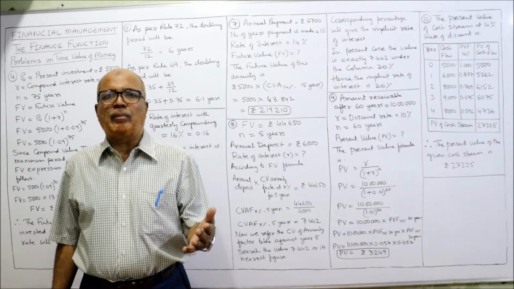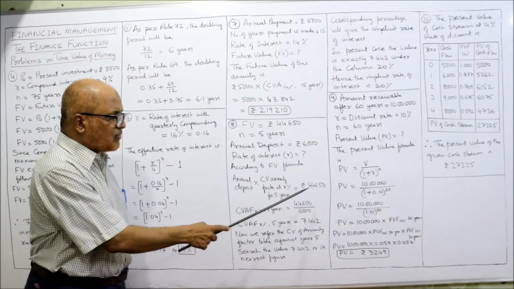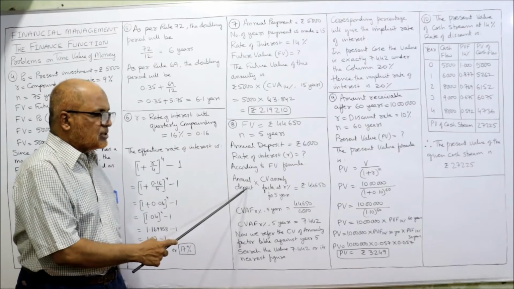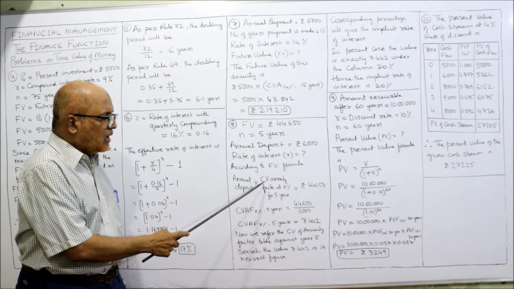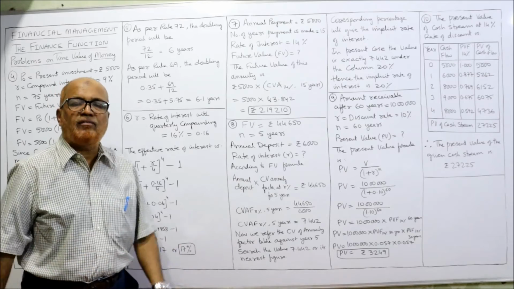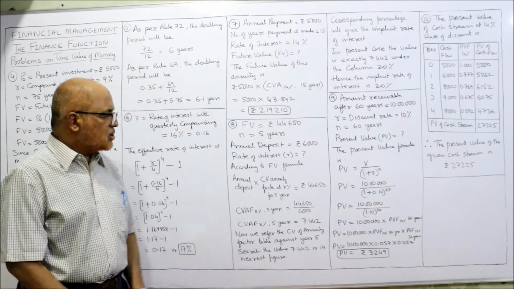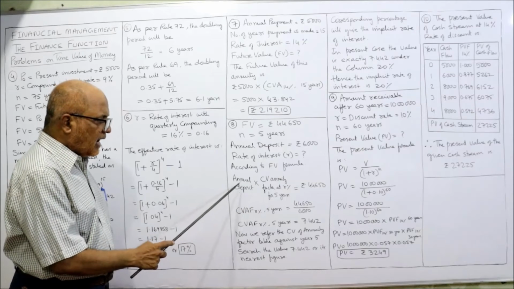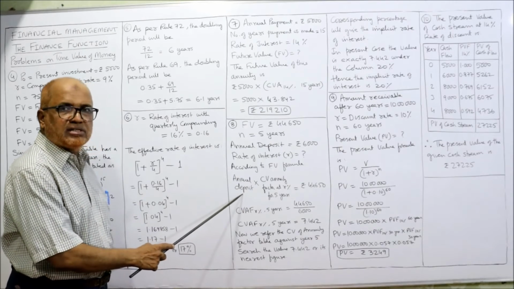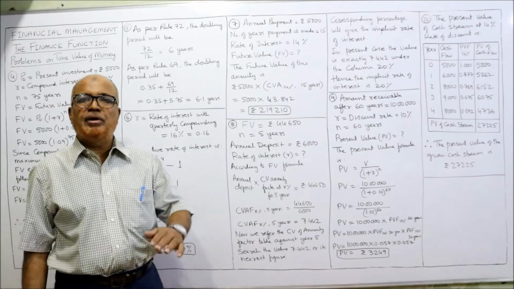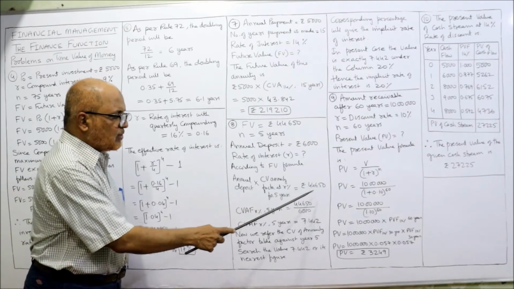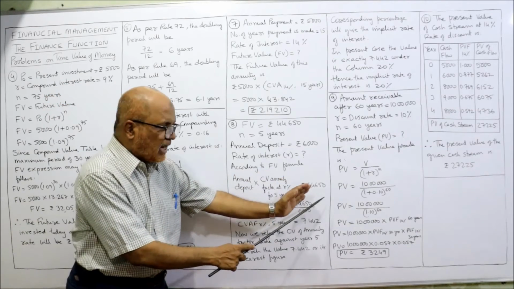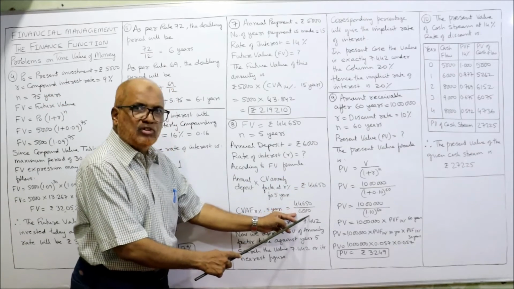Future value is given in the problem, 44,650. Annual deposit amount is also given, 6,000. The only thing we have to find out is the compound value of annuity factor. So keep the compound value of annuity factor here and take the annual deposit 6,000 to the RHS, so it will become division. 44,650 divided by 6,000.